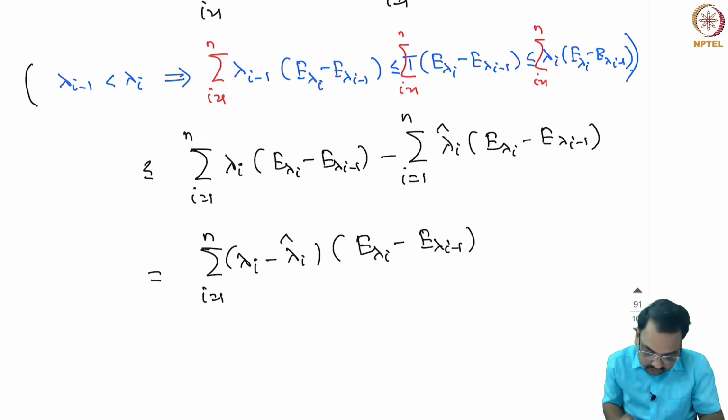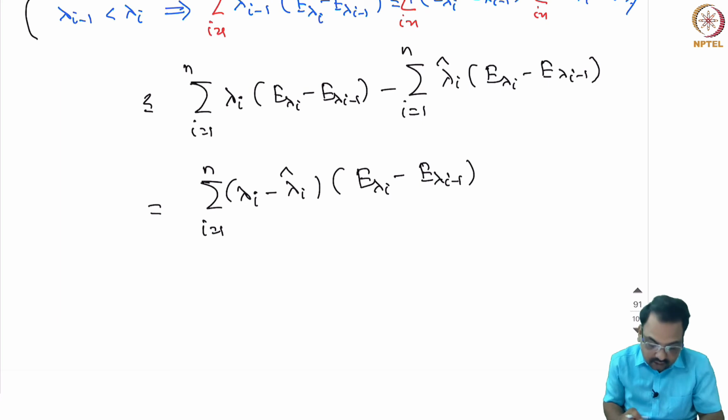Okay, now we want to show that this is less than epsilon times identity.